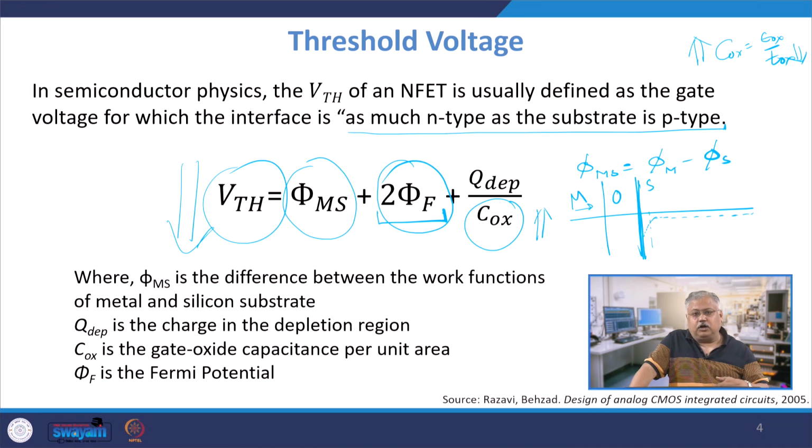When you reduce the value of Tox, you increase the value of Cox and you make the value of Q depletion by Cox go low, and therefore, your threshold voltage starts to go low. But the cost you pay for it is that you have to make your Tox small. When you make your oxide thickness small, there is a finite probability that a large amount of charge carriers will be penetrating through the oxide layer.